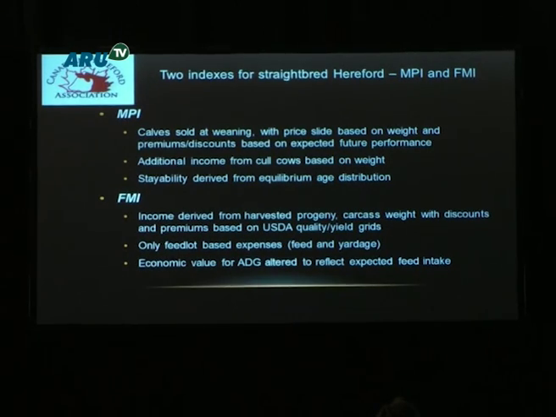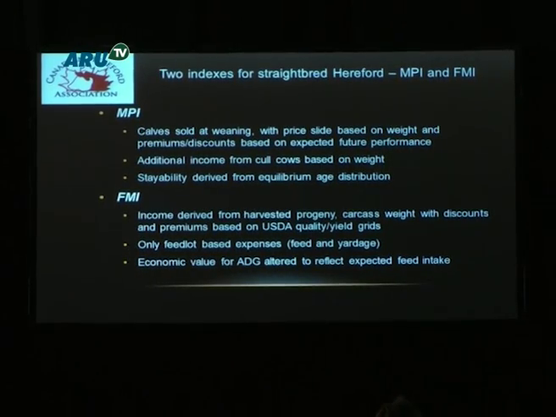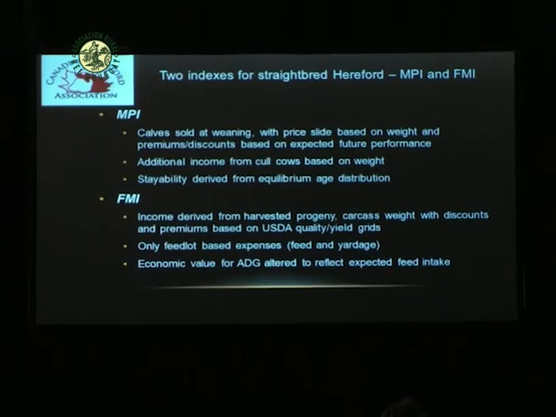In the MPI, the calves are sold at weaning with a price slide based on weight. So lighter weight calves bring more money per kilo than heavier calves, with premiums and discounts based on their expected future performance as assessed by the Feedlot Merit Index.